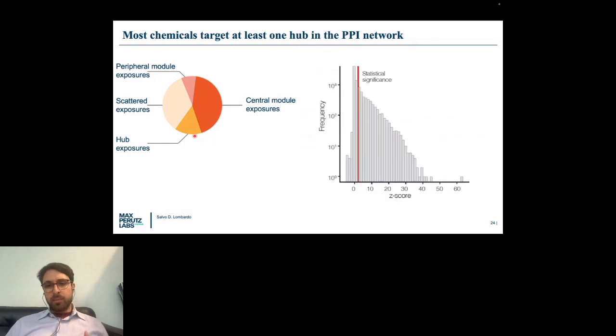We can also quantify that by mapping a threshold of significance, using a Z-score, which I don't want to go into in too much detail, but it is a measure of the significance of an exposure targeting a specific protein that is central in the protein-protein interaction network.